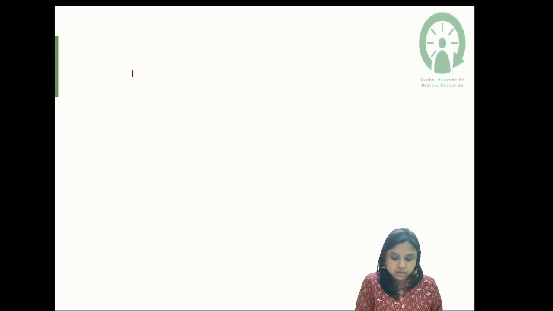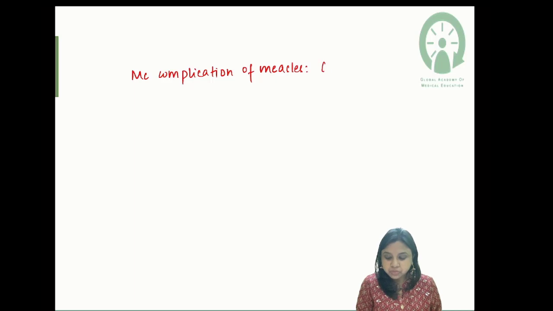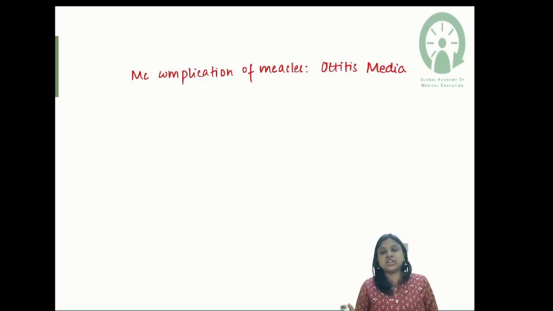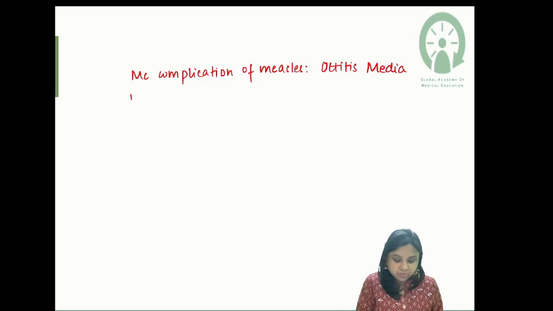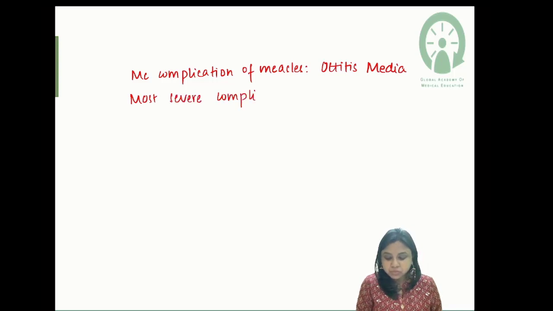So the most common complication of measles is otitis media. The most severe complication of measles is SSPE. What is SSPE?